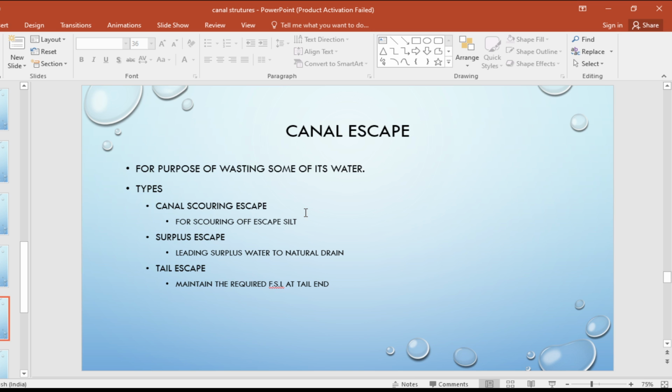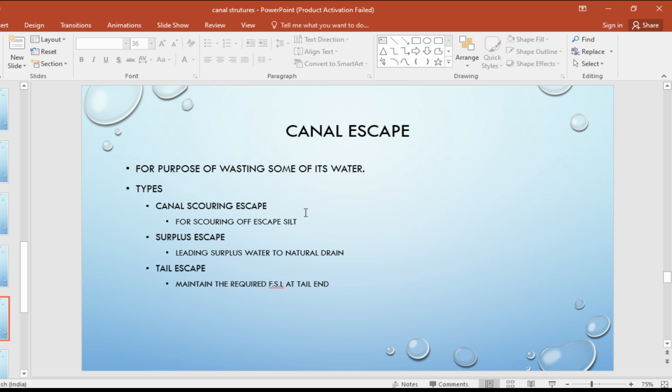We can imagine that when we are removing the excess water, the downstream of that canal will not suffer from the overflow condition. So canal escapes help to save the downstream section of canal from overflow of banks.